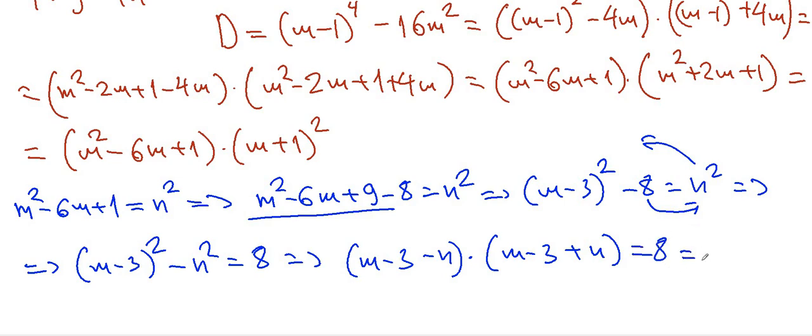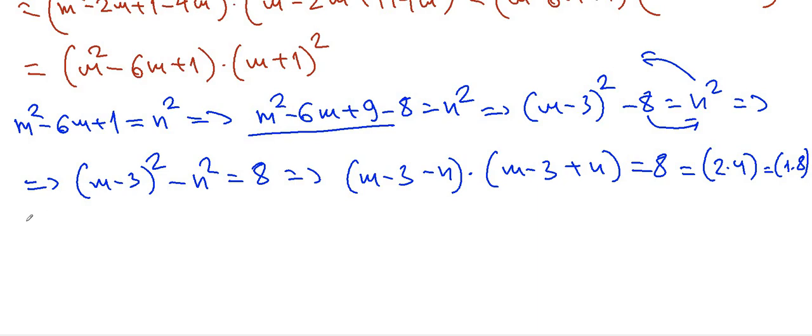Now I can factor this 8 as follows: 2 times 4 and 1 times 8. So let me now write the first two equations as follows. So m − 3 − n must be equal to 2, and m − 3 + n is equal to 4.